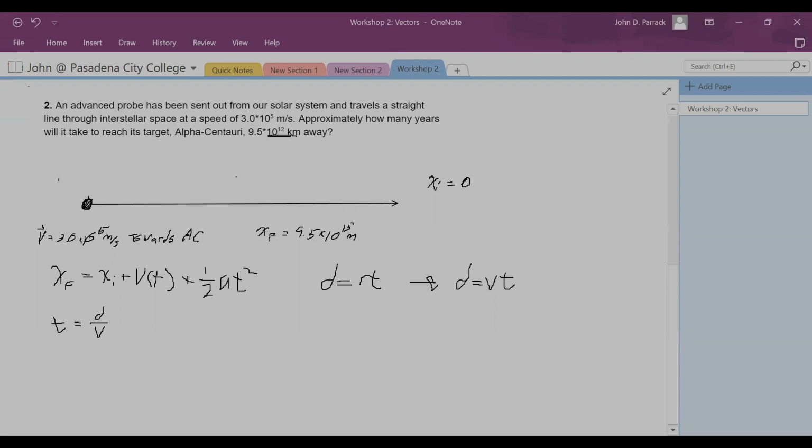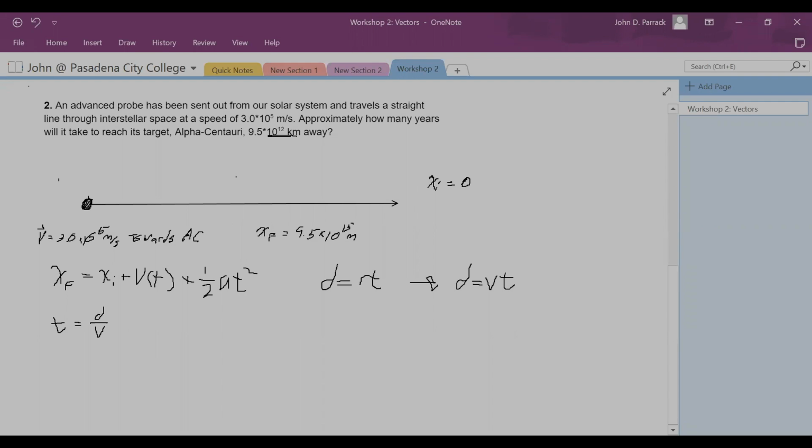Okay, so dividing the distance by the velocity, we've got 9.5 times 10 to the 15 all over 3.0 times 10 to the 5. I get 3.166 repeating times 10 to the 10 seconds.